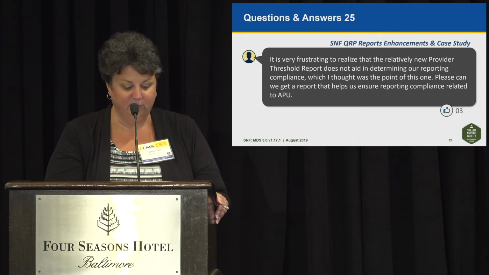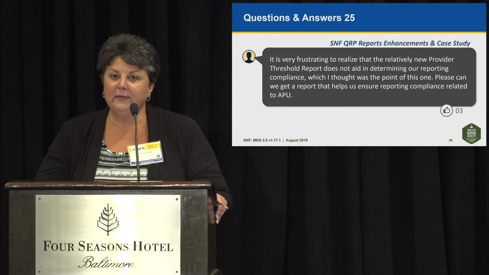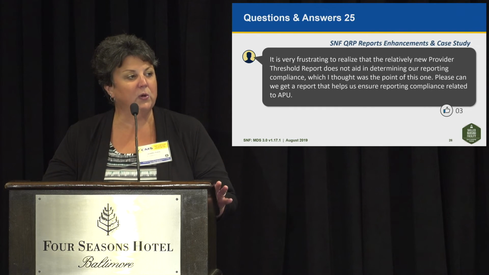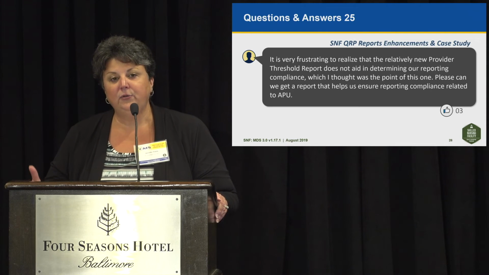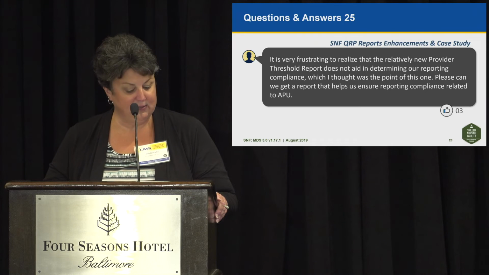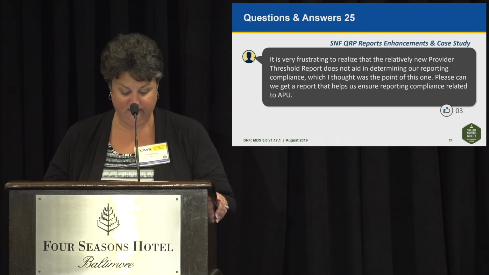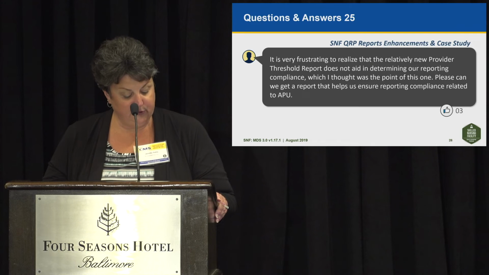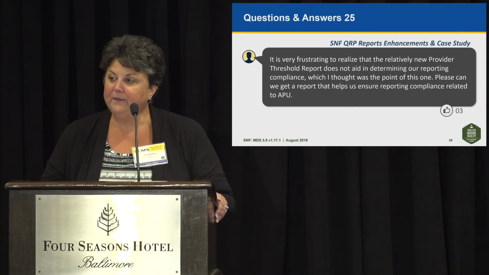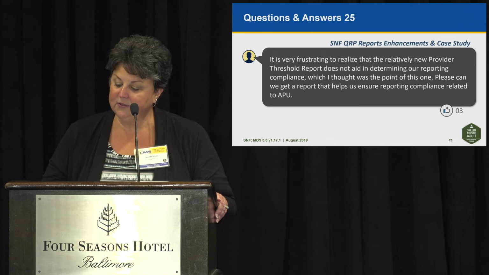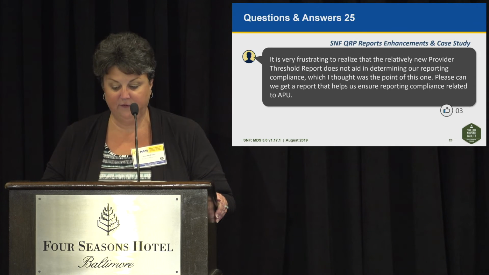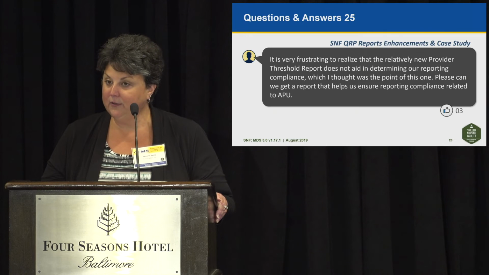The SNF provider threshold report details the status of the measures required for the APU by the fiscal year. And the idea is that you use this report in conjunction with the other SNF, QRP, and CASPER reports to identify opportunities to correct assessments with missing data. It's important to note that those data elements that are designated as standardized patient assessment data elements, or SPADES, used to risk-adjust QMs are used in the SNF QRP, and these are not included in the provider threshold.